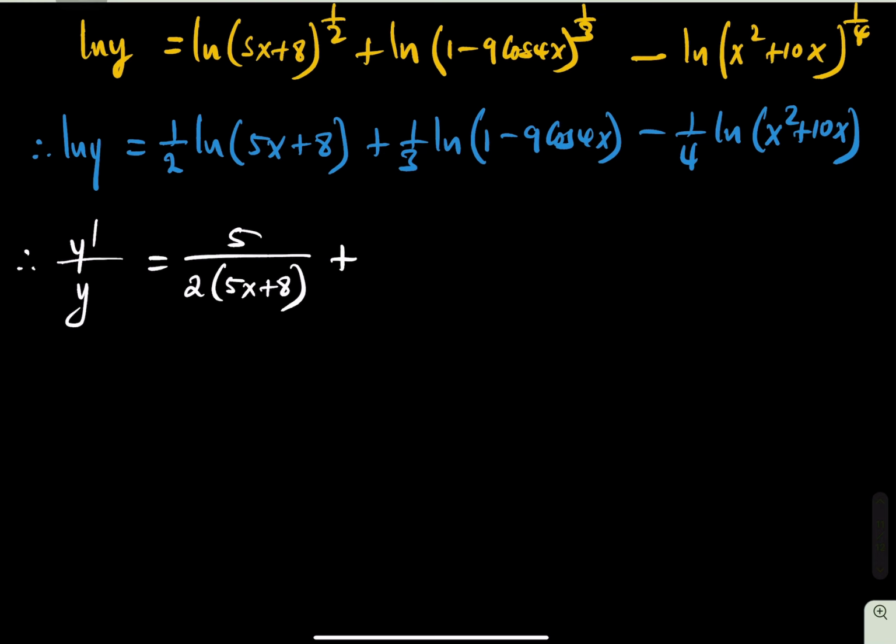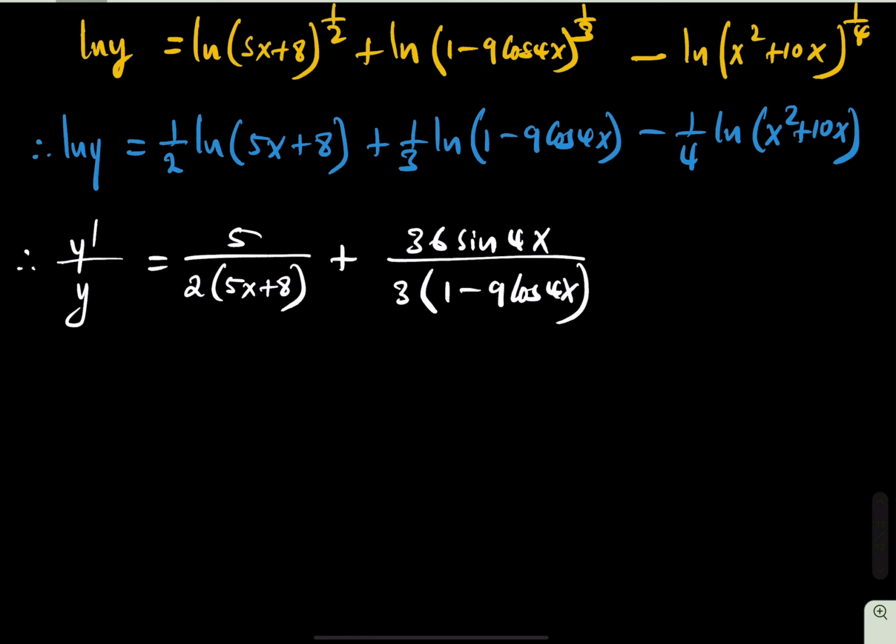It's going to be 36, I guess. That should be positive 36. And then a sine of 4x divided by 3 into 1 minus cos of 4x. Be very careful there. Minus, this should give us a 2x plus 10 divided by 4 into x squared plus 10x.